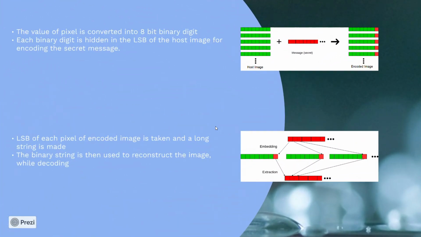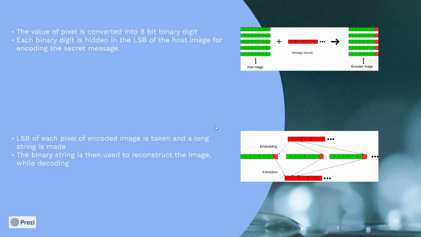The first approach is the KLSB approach. We know that an image can be considered as a multidimensional array in which the magnitude of each cell represents the intensity of the color. This magnitude can generally be represented as an 8-bit binary number.